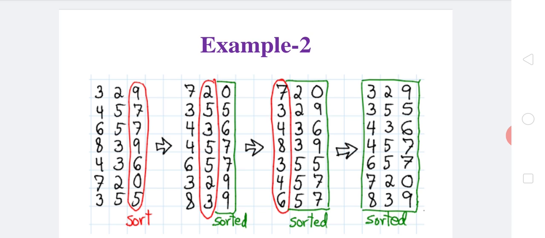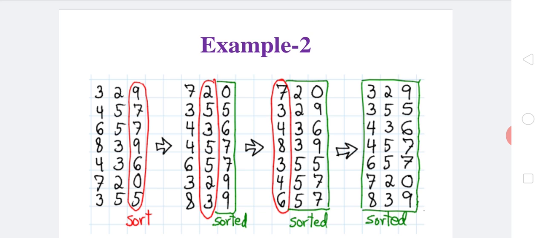In figure number 2 apply step number 3. In step number 3 we will sort on the basis of the 10th place. So the 10th place digits are already marked here. On the basis of the integer, now I'm going to write the third figure or third column.